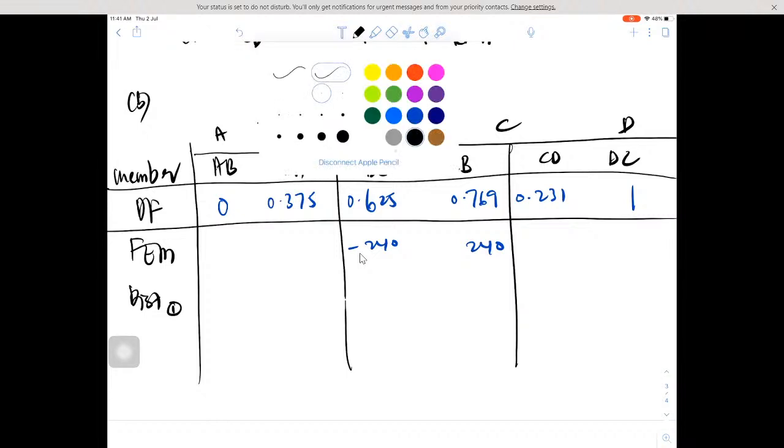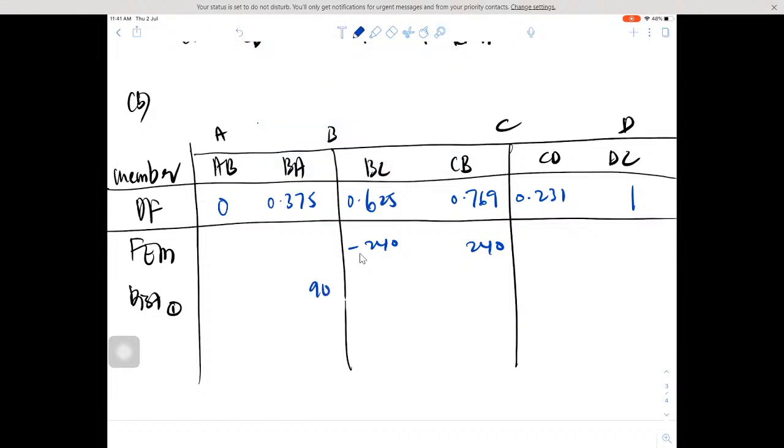And 240 times 0.625 gives 150. Remember that the total must be 0 to remain in equilibrium at support B, because B is a rigid joint, so the total moment at B is equal to 0.